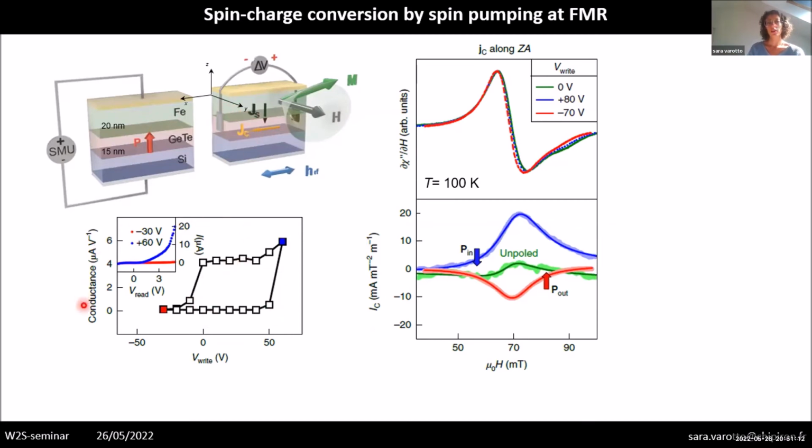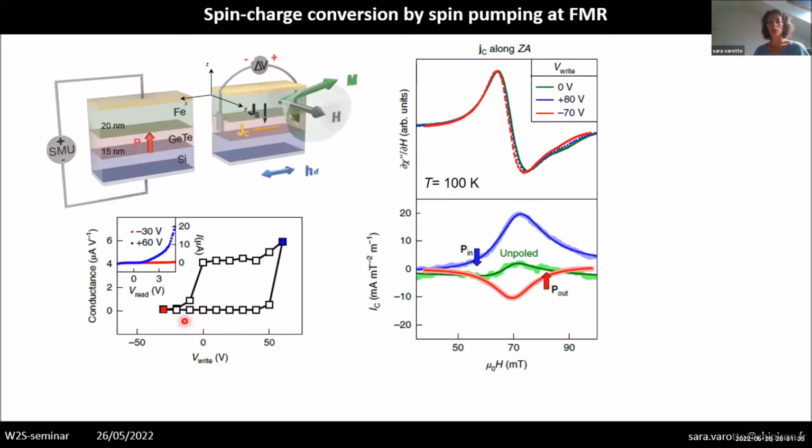Here you can see that the conductance of these capacitors, iron, germanium telluride, and silicon, is changing reversibly between two different states, high and low conductance. And at the same time, for instance, if we take the high conductance point, the blue point corresponding to inward polarization, we have a positive spin pumping peak, so a positive charge current production.